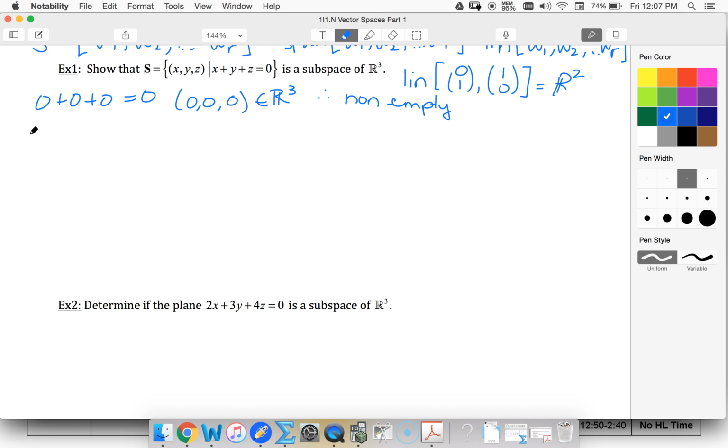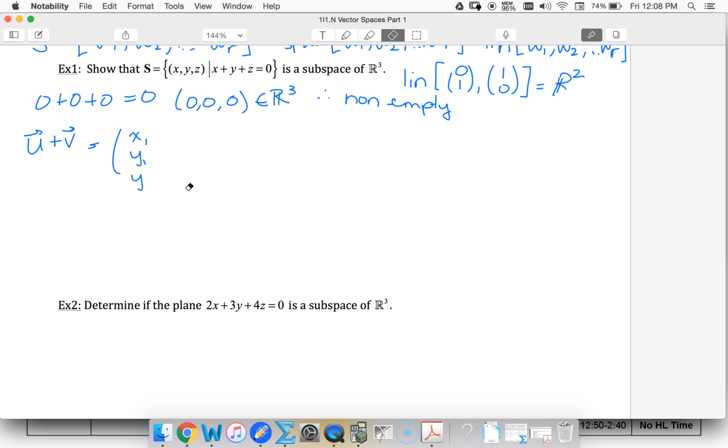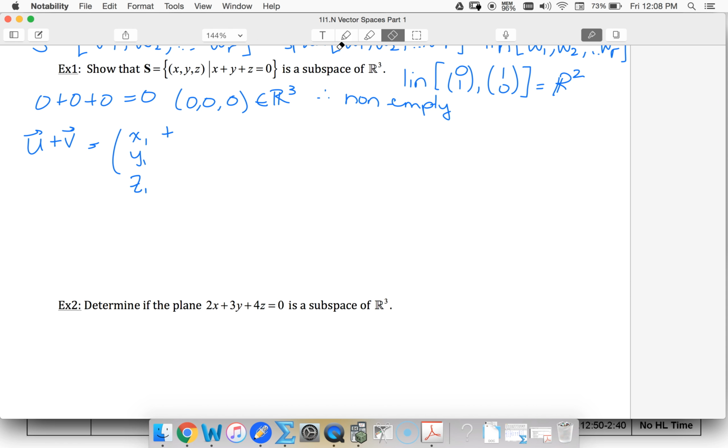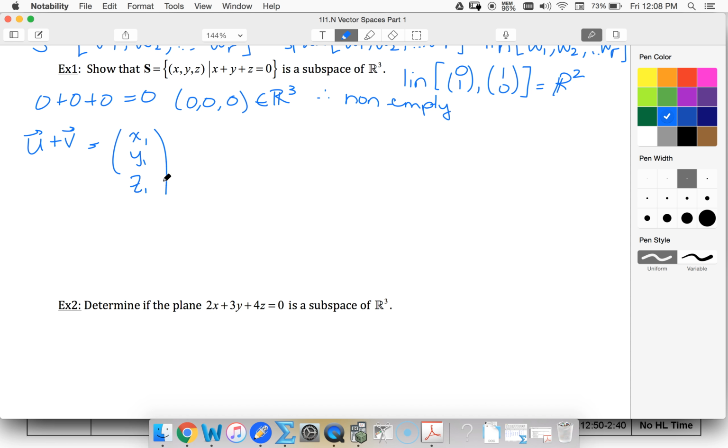All right, so now we want to show that some vector u plus v, where u and v are elements of R3, and u plus v is also an element of R3. Well, this would give us, let's call u (x1, y1, z1), and v, we could say (x2, y2, z2).